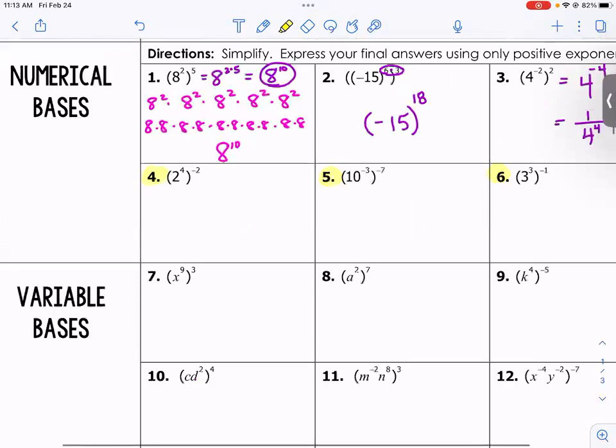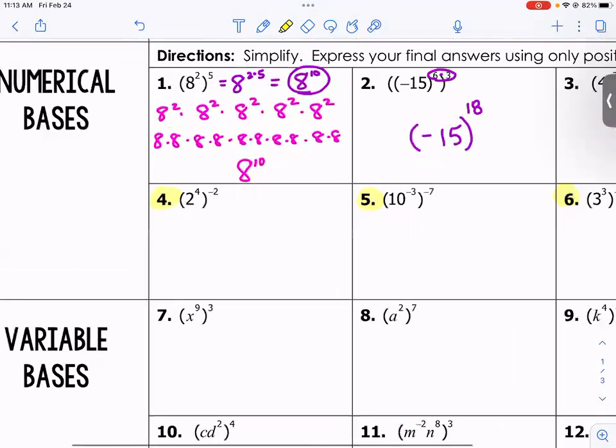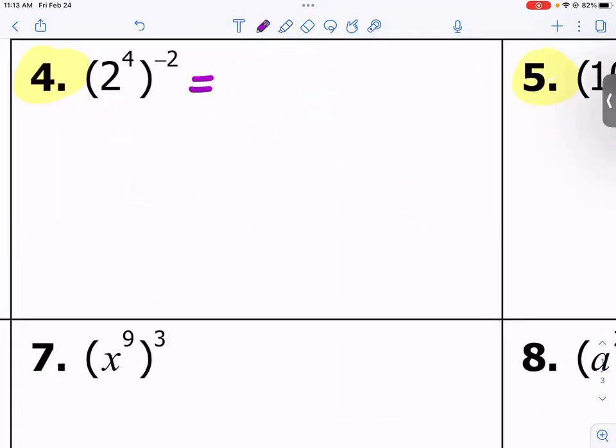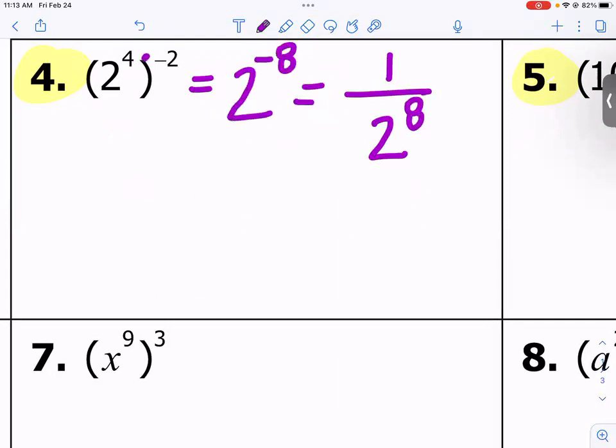Denise, number 4. What'd you write down? Is she right? Yeah. You sure are, because we need to multiply our exponents. And then since we have a negative exponent, we need to rewrite it. Okay, I'm not going to make you figure out 2 to the 8th.